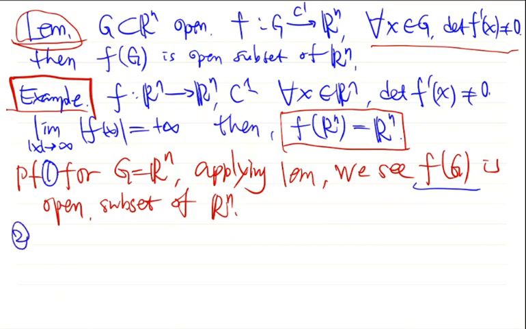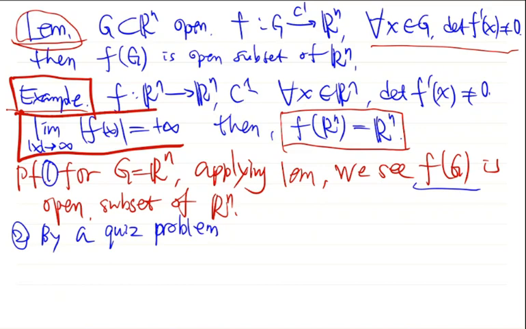Second, by a problem of our quiz, because the limit is infinity, because of this condition, we know that the image, not G, our G is Rn in fact. So this is F of Rn.